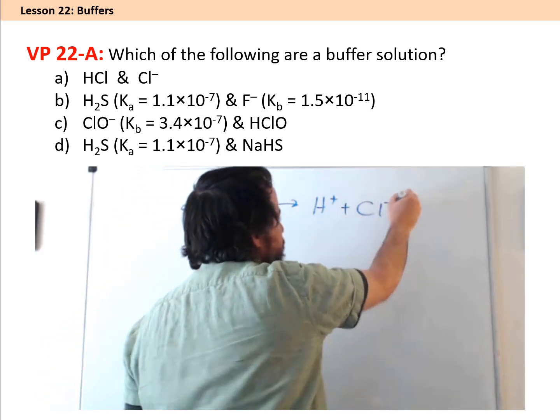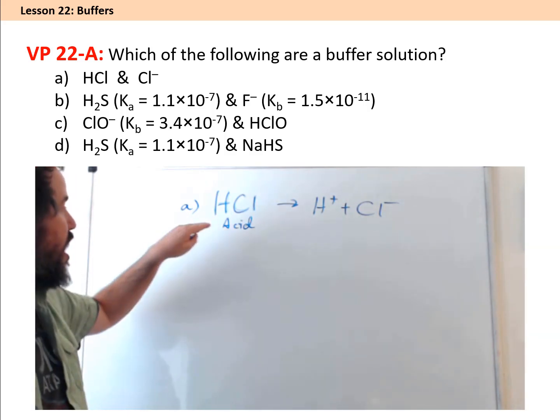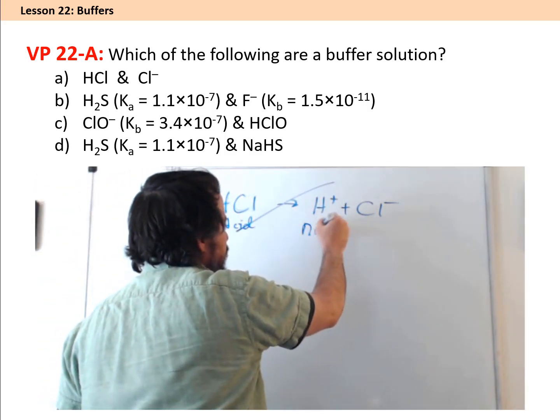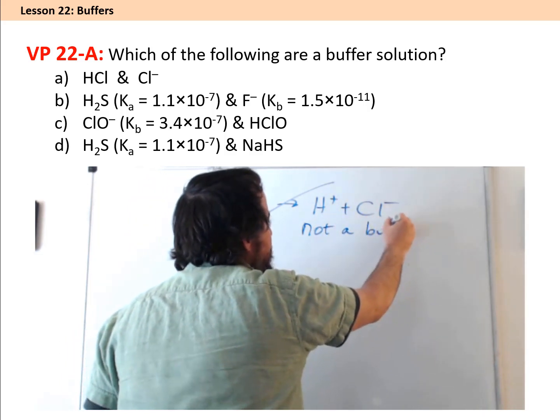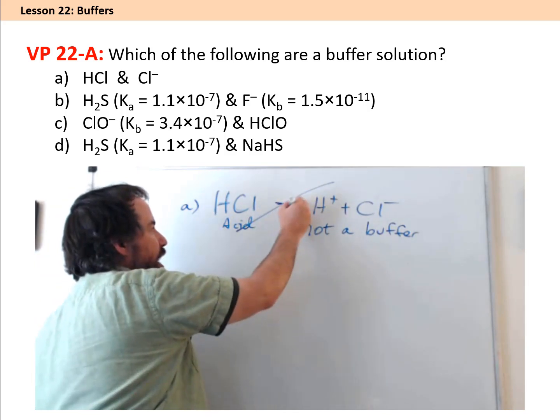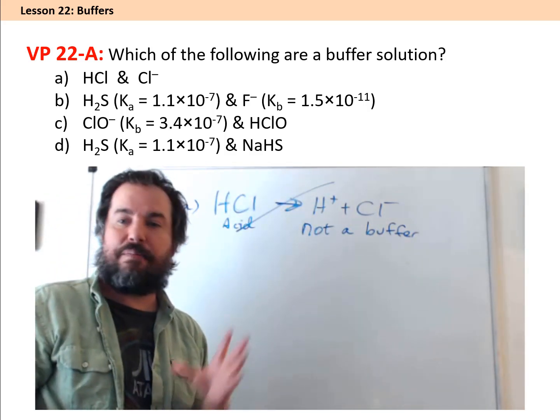But here's the thing. HCl is a strong acid. So this is not a buffer, because what's going to happen is this is one way. We don't have any of that backward direction, so it's not going to be a good buffer.